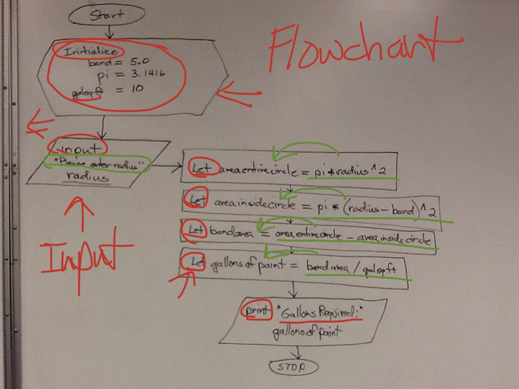We're going to print gallons required, and then this is the variable location. This last one is going to store it there, and we're going to print it out there. Then here we have the stop, start, the flow of our program down to the right.